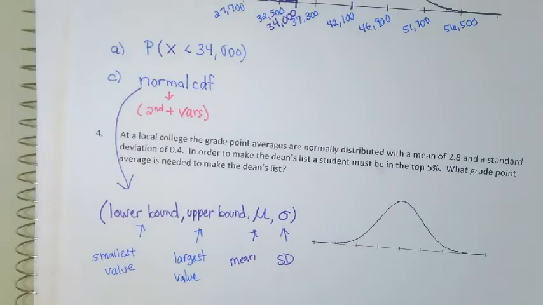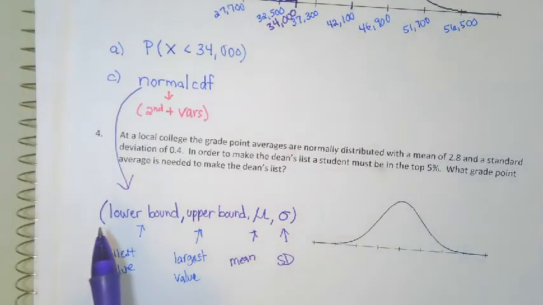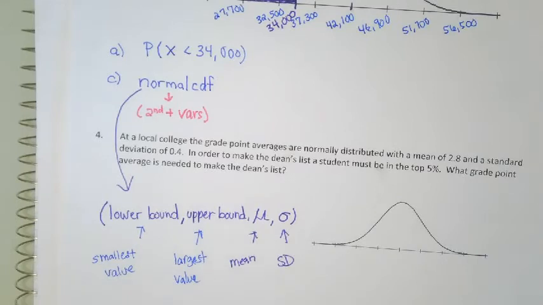So one other part you're going to need to know to enter these values: if either your lower or upper bound contains either positive or negative infinity, you need to know how to type positive or negative infinity on a calculator, because they actually don't have a button for that.